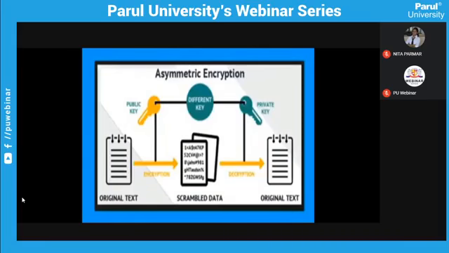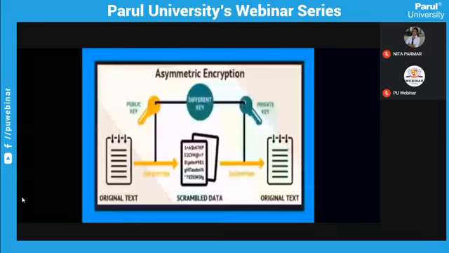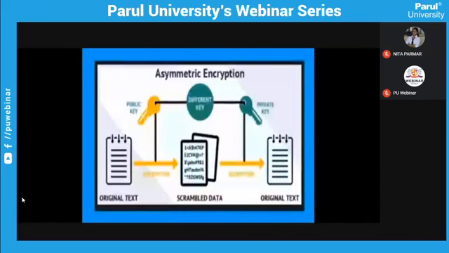Remember, the public key is used to convert the text into ciphertext, and the public key is known to everyone, but the private key should be only with the receiver. So the receiver has the private key, and while decrypting the message, the receiver will use this private key and decrypt the ciphertext into the original text.